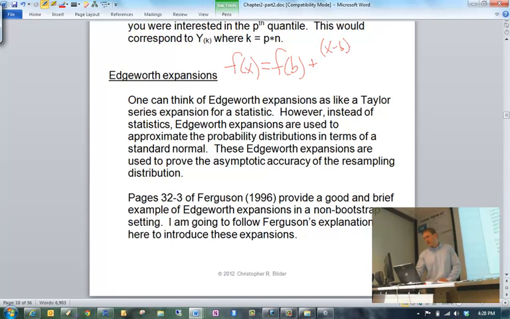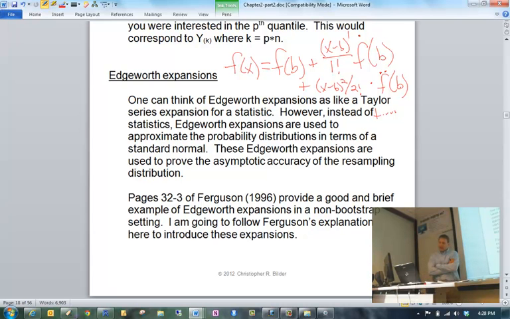x minus b raised to the 1 power over 1 factorial times the first derivative of f at b, plus, let's just do one more term, x minus b raised to the second power over 2 factorial times the second derivative of f evaluated at b. And you can keep on going. So it's just a way to write a particular function as an infinite series.